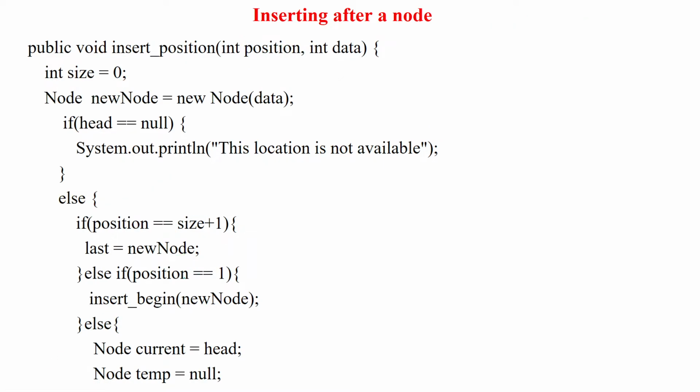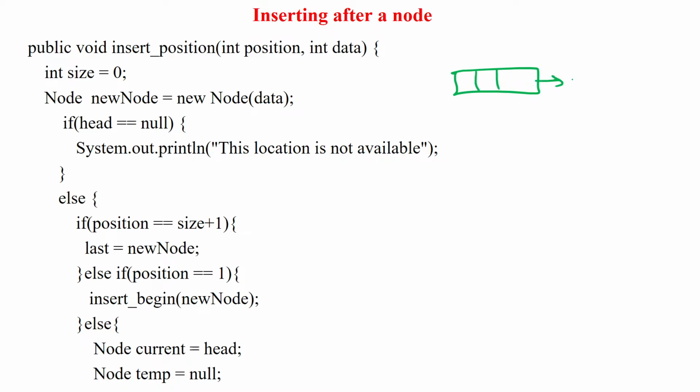Otherwise, suppose my position equals 1, that means my list is pointed with null, head is null. Sorry, if my position is 1, that means I have the list like this.